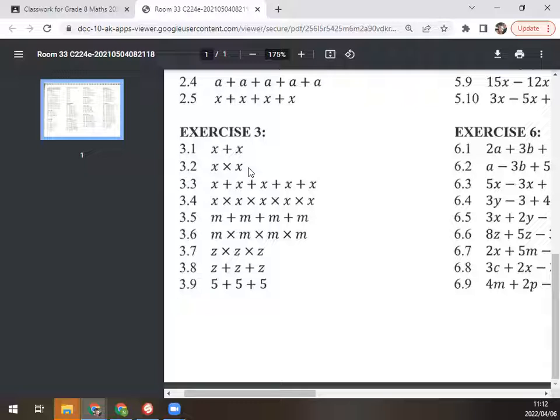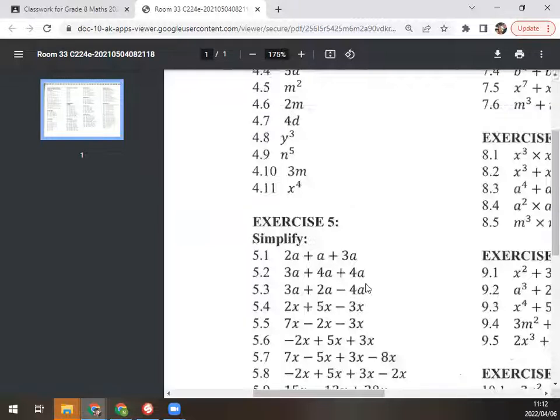You can write that in your books as well, guys, maybe at the top of this worksheet when you start working through it. That is what you always need to remember. Those rules are never going to change, up until whenever you don't do maths anymore, whether that's end of grade 9 or grade 12 or university. So that is what's happening in exercise 3.